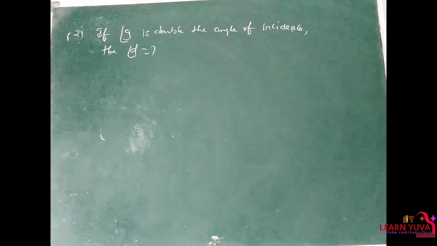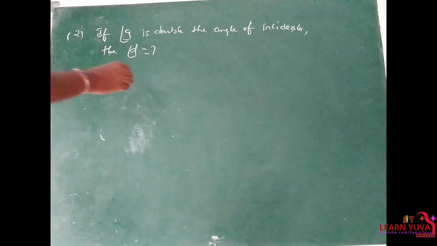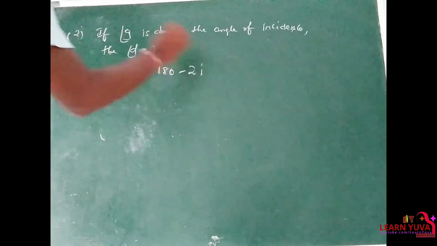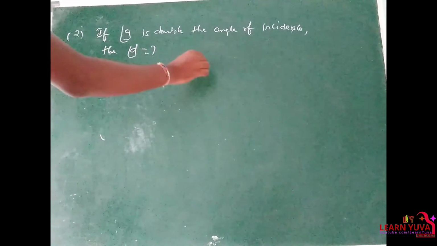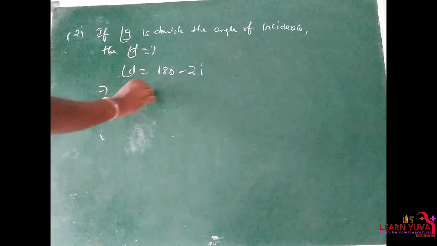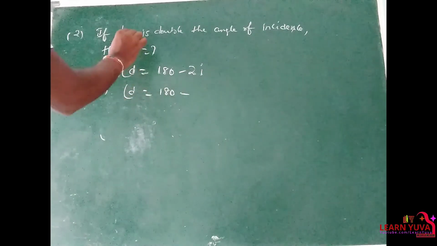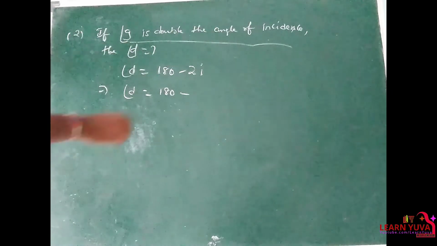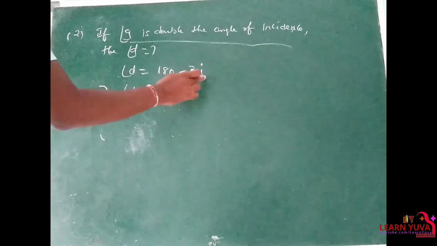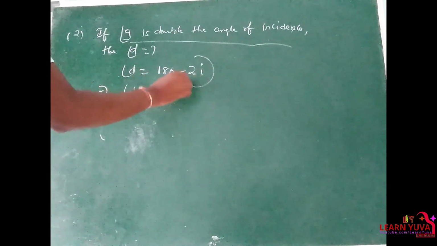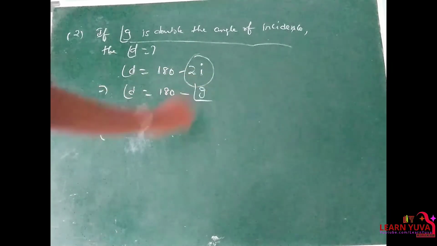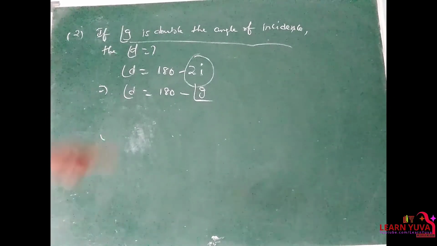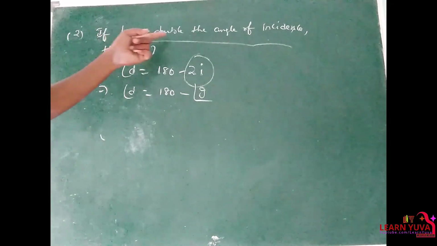Then we have the formula: angle of deviation is equal to 180 minus 2I. According to the statement, angle of glancing is double the angle of incidence, so instead of 2I, we can write G. So angle of deviation is equal to 180 minus G, when the angle of G is double the angle of incidence.